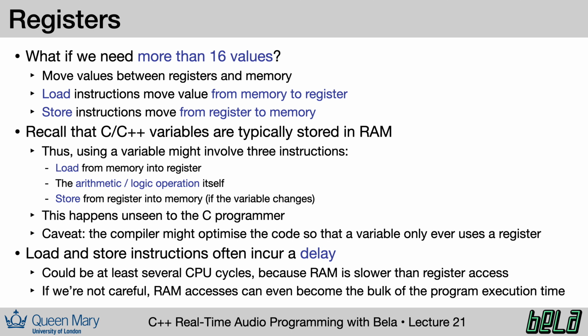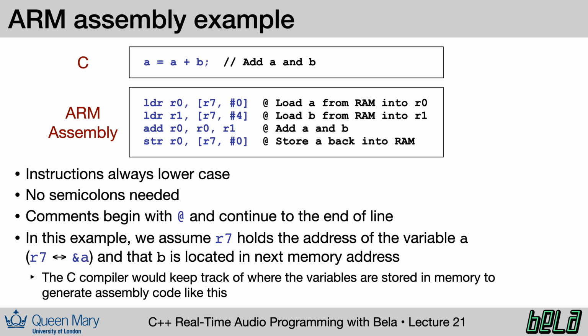This is because RAM is slower to access than the registers within the CPU. Now, all modern CPUs will have multiple levels of cache, which speeds up access to frequently used data. Still, if we're not careful in how we write our program, RAM access could actually become the bulk of the program's execution time. Let's look at a practical example.